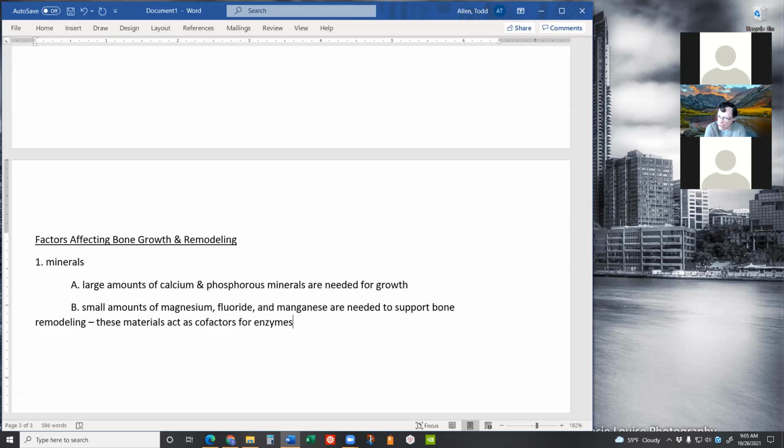So the cofactor is the co-pilot, which is part of the structure of the enzyme. Long story short, these substances, magnesium, fluoride, and manganese, help the protein portion of the enzyme fold into the proper three-dimensional shape to have correct biological activity, to catalyze a chemical reaction needed to support the bone remodeling chemistry.